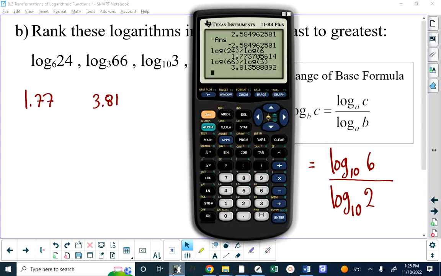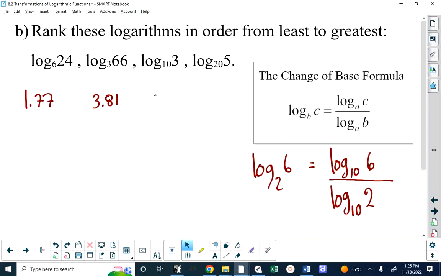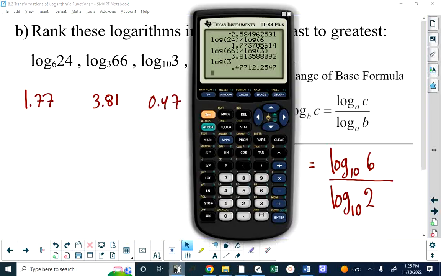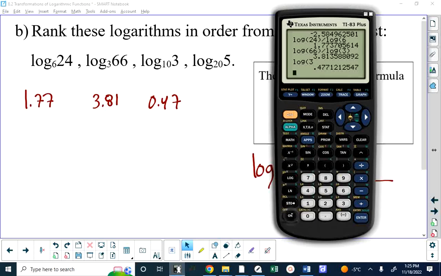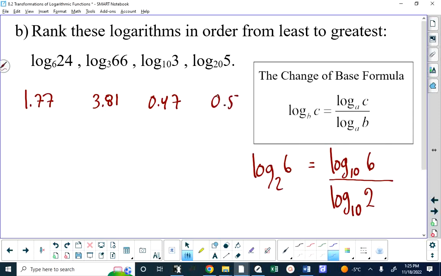Log base 10 of 3, well, I don't need to use a change of base formula there because I have a log base 10 button. I could go log base 10 of 3 over log base 10 of 10. I'll still get the same number. Log base 20 of 5 would be log of 5 over log of 20. 0.5 something.